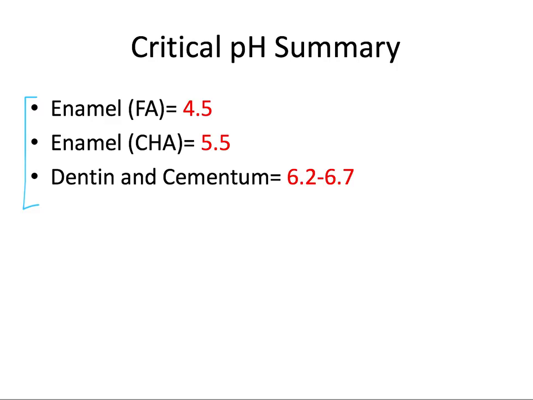And then root dentin and cementum is somewhere up here between 6.2 and 6.7. So you can see it's a lot more vulnerable. And this is why exposed root surfaces are more susceptible to acid erosion and tooth decay, because their threshold is much closer to the physiologic normal pH. And so those surfaces are way more vulnerable to acid challenges.